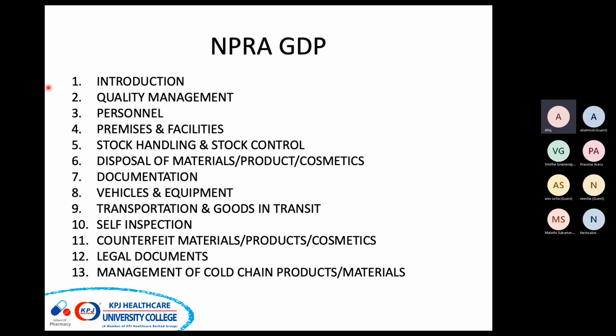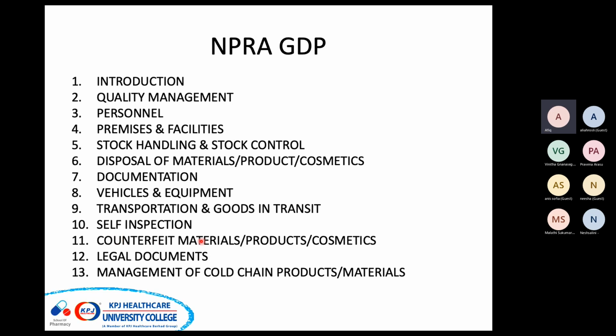So there are 13 parts over here under NPRA GDP. The first is introduction, and then we're going to go to QM, personnel, premises and facilities, stock handling, stock control, disposal of materials, product and cosmetic, and then documentation, vehicles and equipment, transportation and goods in transit, and then followed by self-inspection. Self-inspection is more like internal audit.